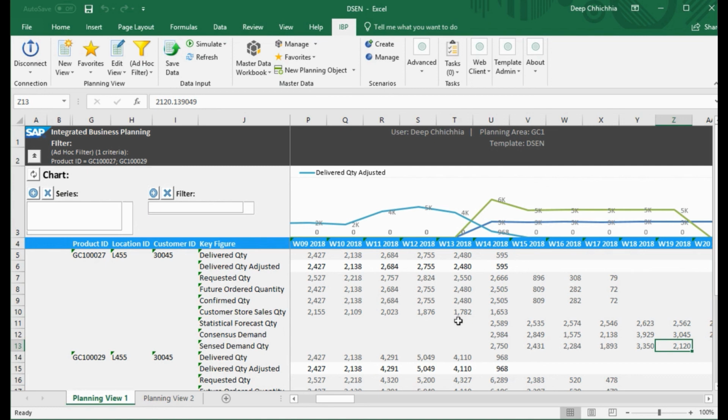This is how the retail POS data is also taken as one of the key inputs to demand sensing. These were just some of the use cases of demand sensing. Hope you now have a better idea of how demand sensing gives us a more accurate short-term forecast.